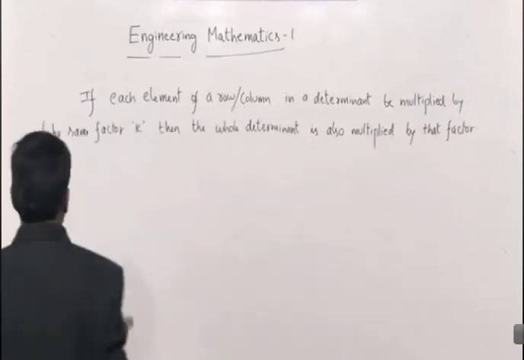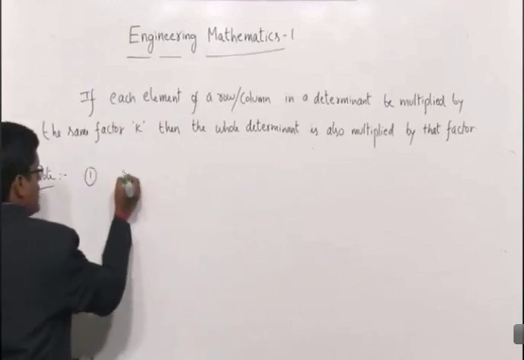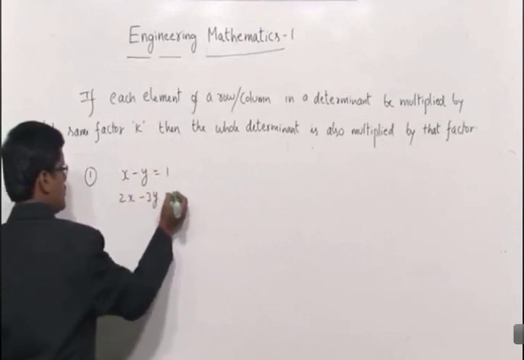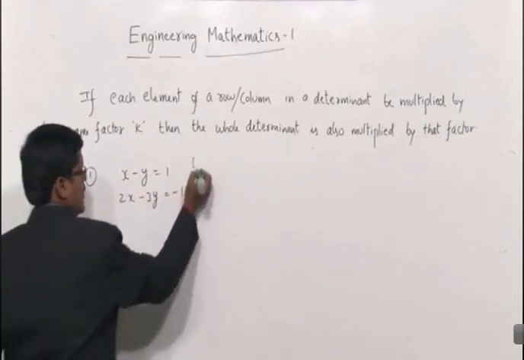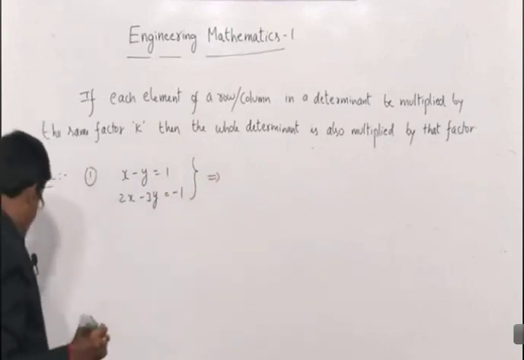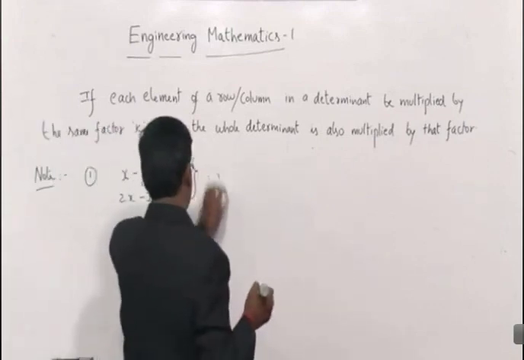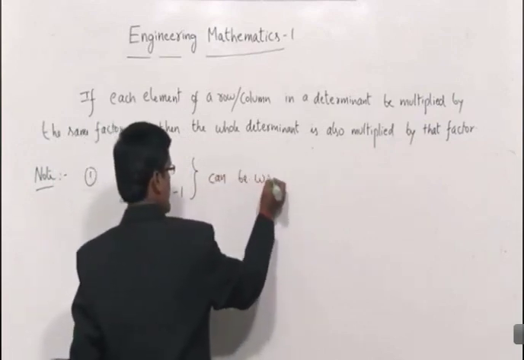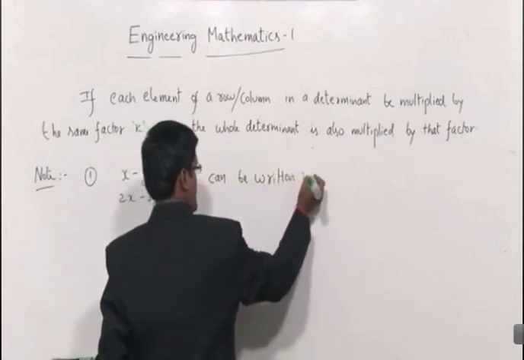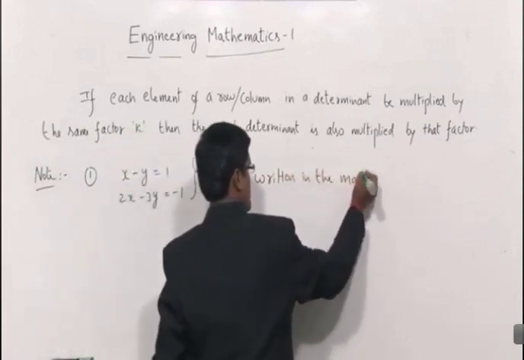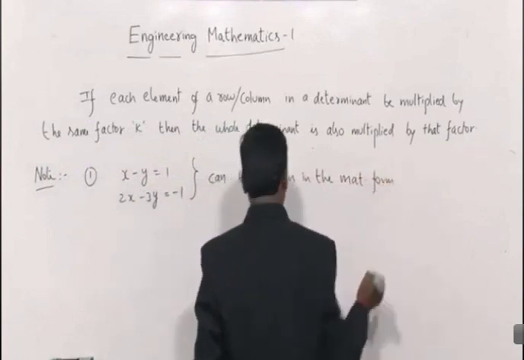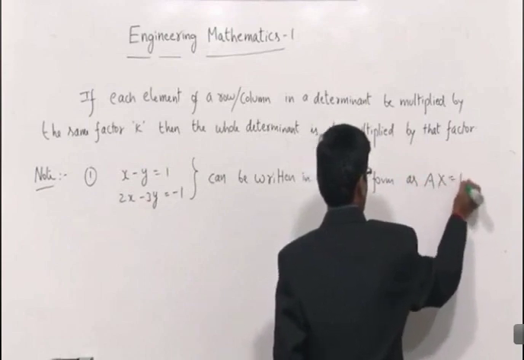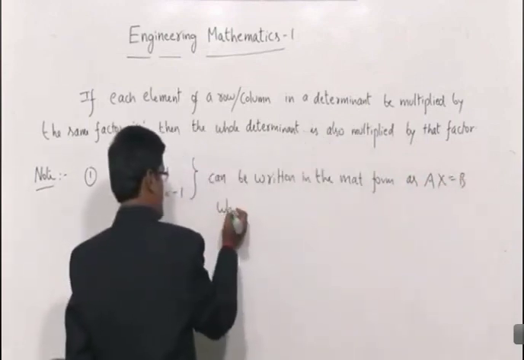Now here I am giving 2 examples. x minus y is equal to 1, 2x minus 3y is equal to minus 1. These 2 can be written in matrix form as Ax is equal to B. What is A?